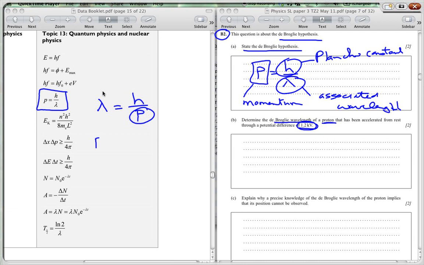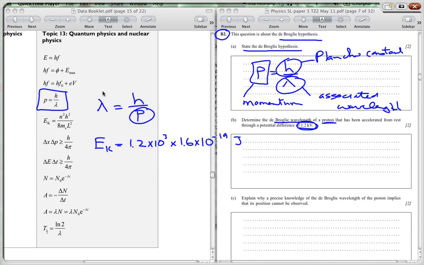So the kinetic energy of this proton is going to be 1.2 times 10 to the 3 volts times 1.6 times 10 to the negative 19 joules. That will give the kinetic energy.